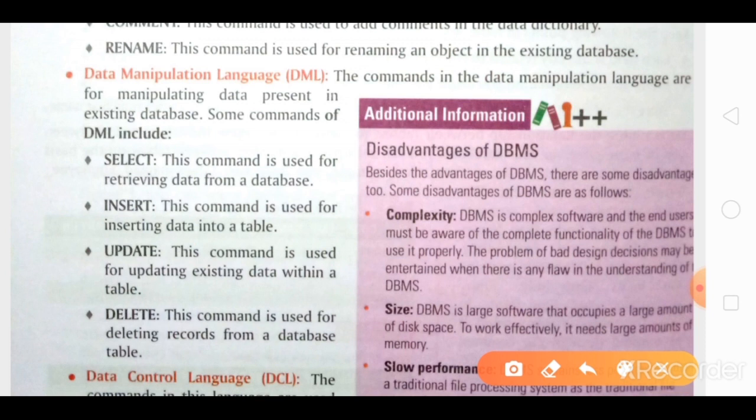So this is the basic difference between the drop command and the delete command. When you are deleting the complete table, you use drop, and when you are deleting a single record, you use delete. This question may be asked in your examination.